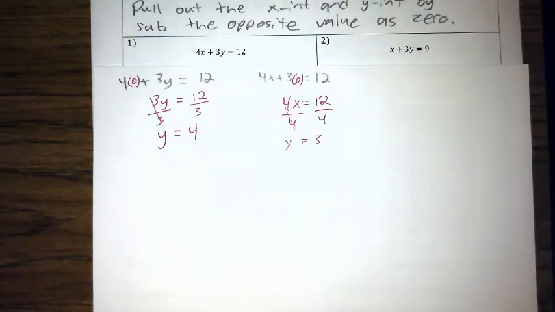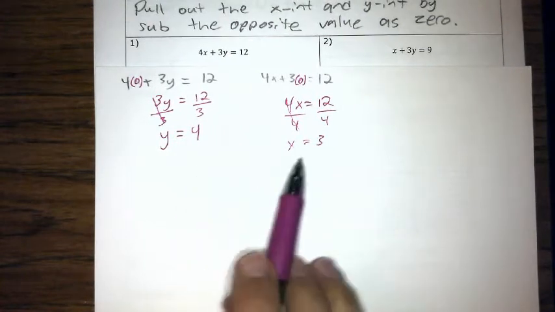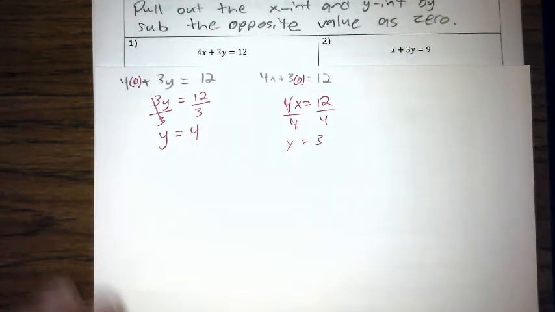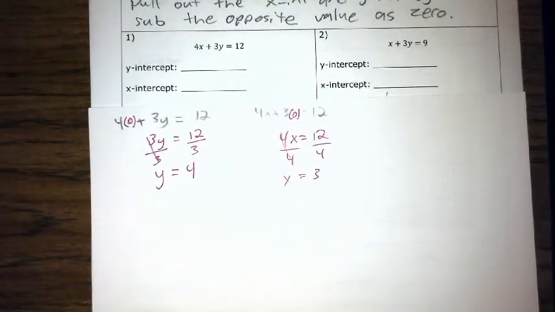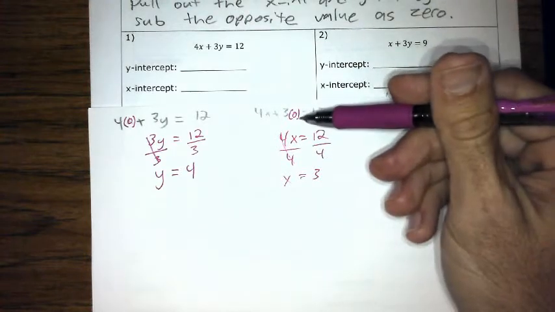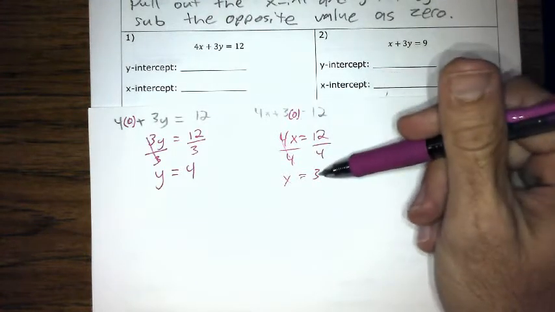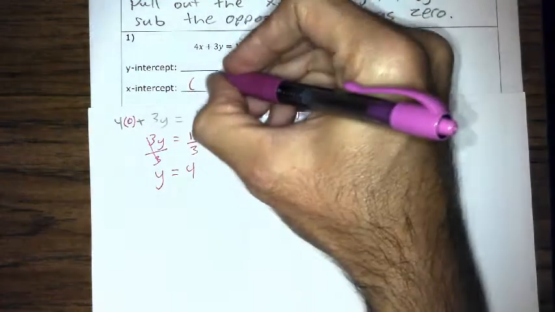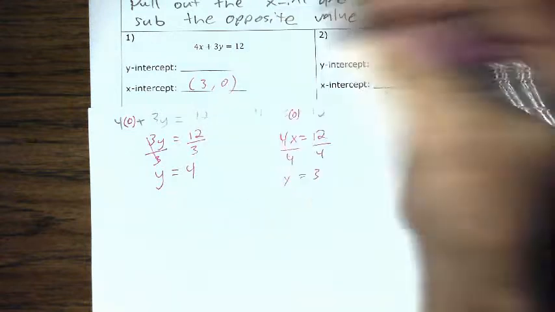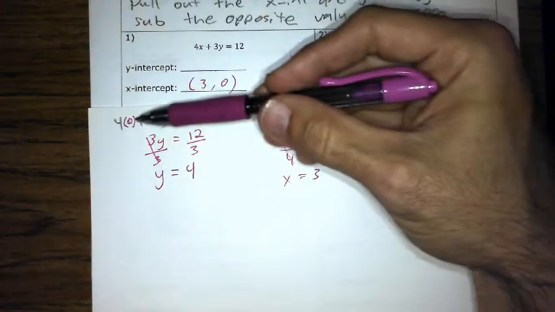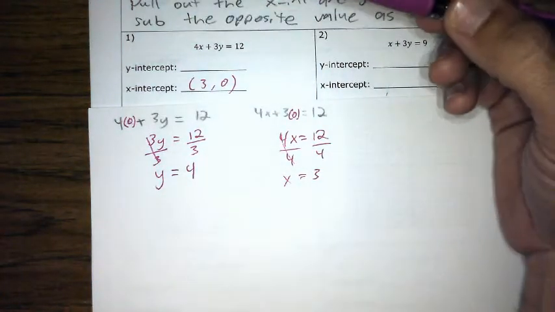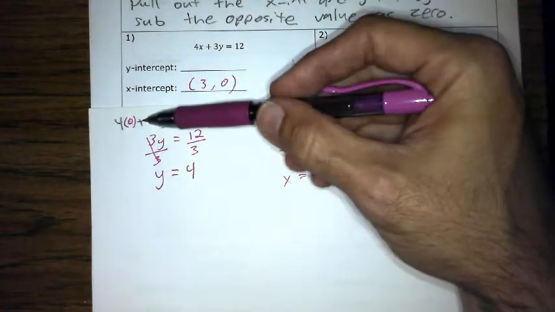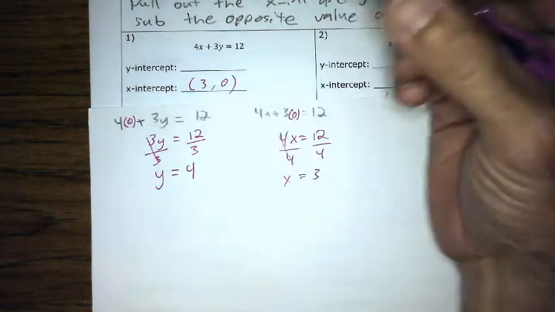Okay? So, you're almost done here. These are actually not your answers. If I'm looking here, guys, you got to write them as points. So, you guys already know you substitute 0 for the opposite value. So, where x is 3, y would be 0. And over here, this would be 0, 4.